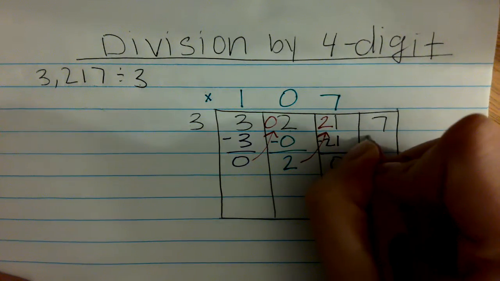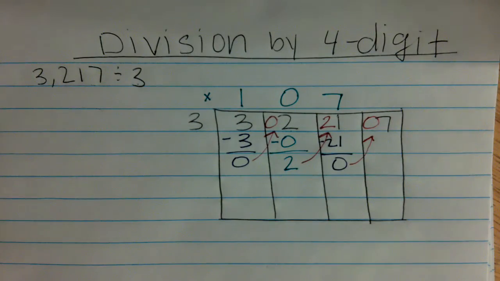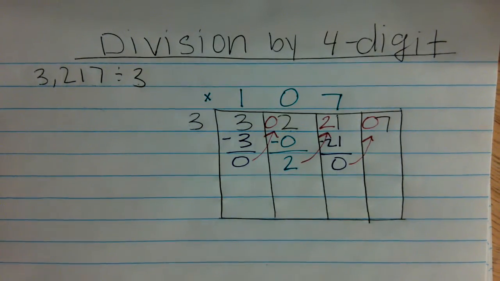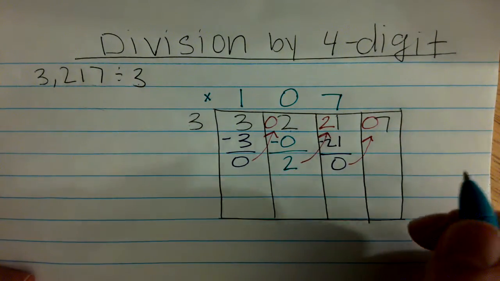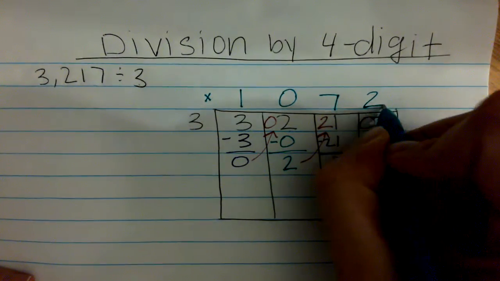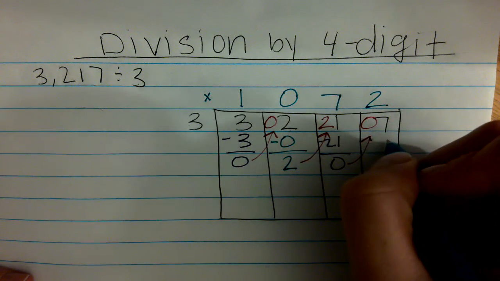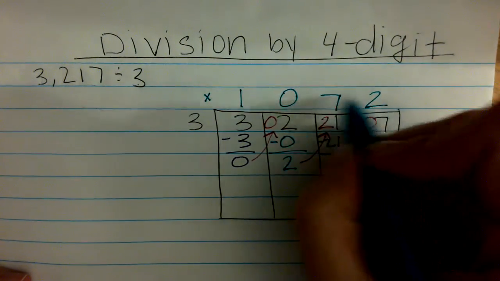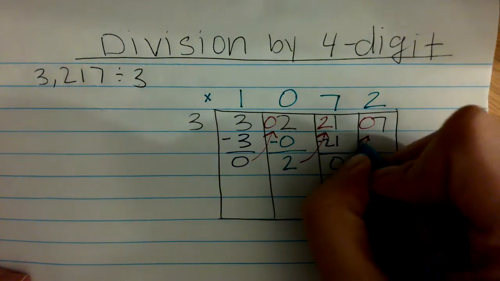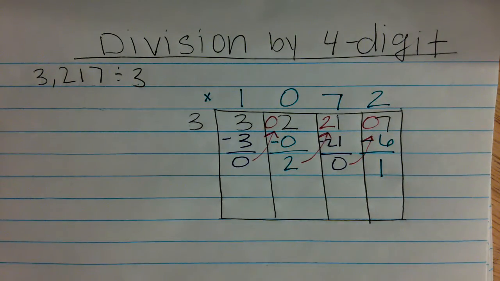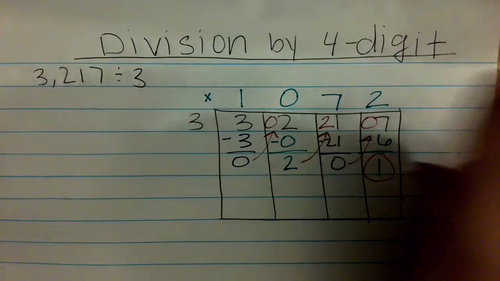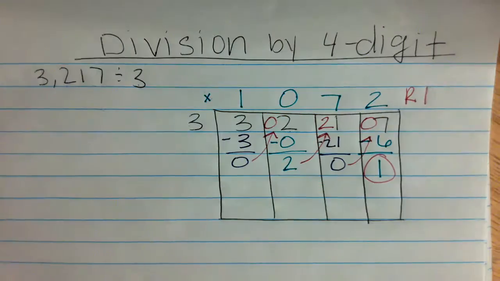Bring my 0 over. 3 goes into 7 2 times because 3 times 2 is 6. And so that goes in 2 times without going over. So 2 times 3 is 6. And that leaves me with 1. So it shows that I have a remainder of 1.